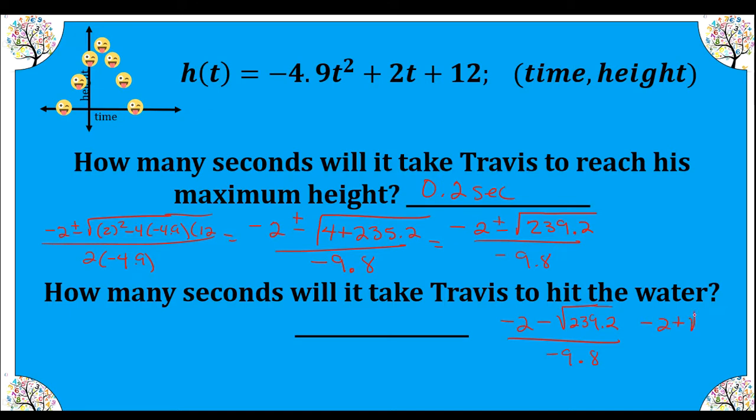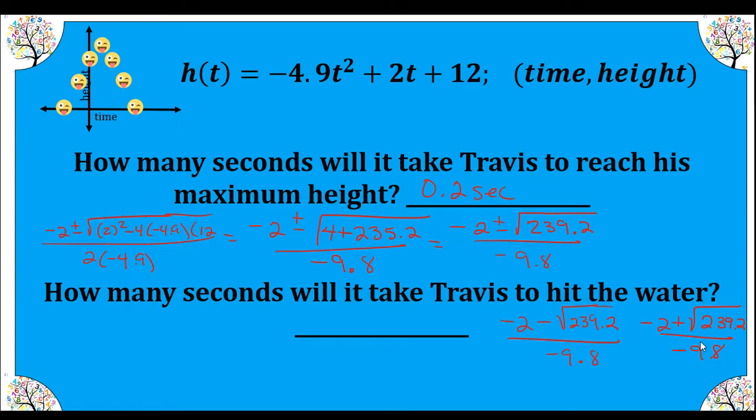One of these is going to give us a negative, which will be irrelevant. So I'm going to say negative 2 minus the square root of 239.2 divided by negative 9.8. Yep, this gives us the positive.